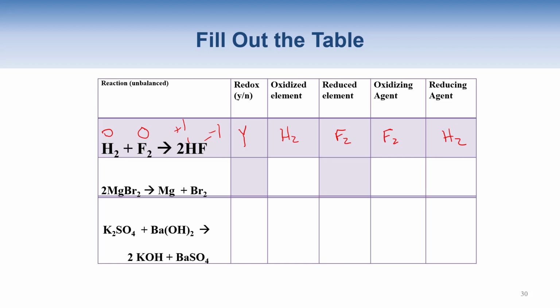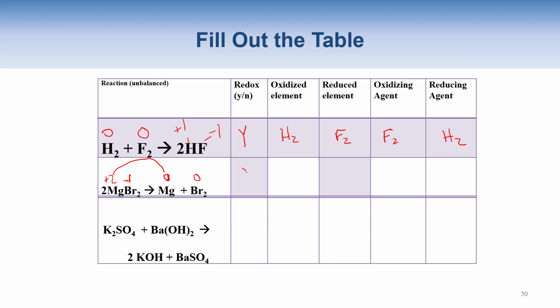Next one. So elemental is easiest to assign first. We start out with bromine. Bromine is -1 because it's a group 7A. And magnesium is a group 2A, so this is a +2. So magnesium went from +2 down to 0.